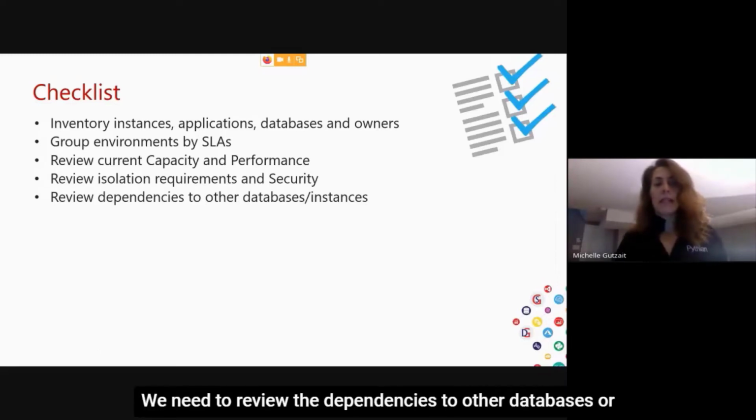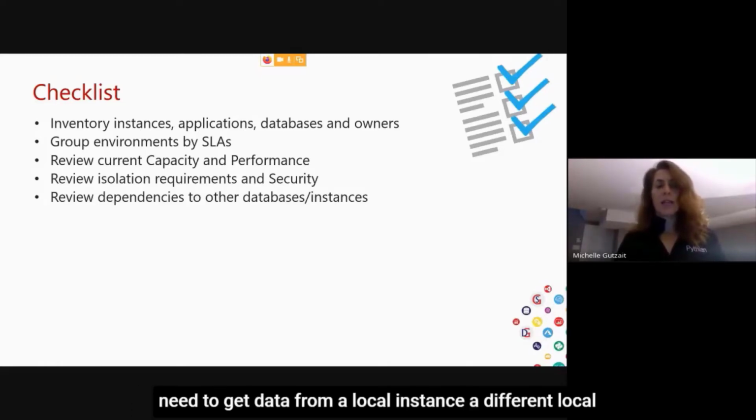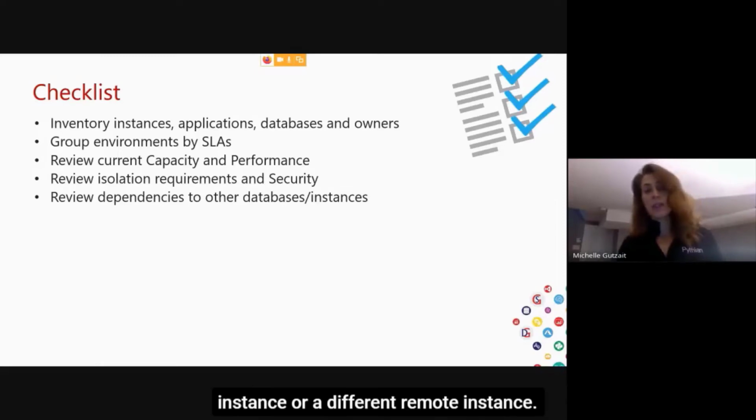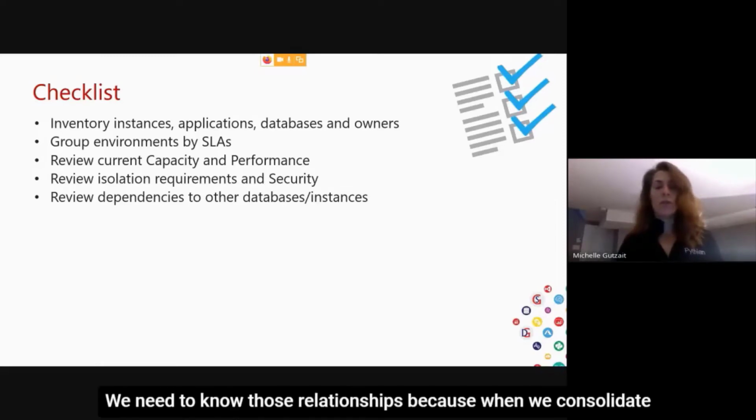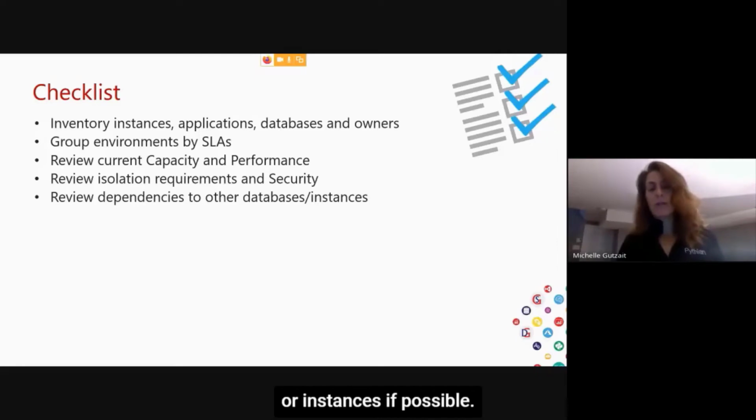We need to review the dependencies to other databases or instances. So if you remember from my first slide, we may need to get data from a local instance, a different local instance, or a different remote instance. We need to know those relationships, because when we consolidate, we need to make sure that we either group those databases or instances if possible.